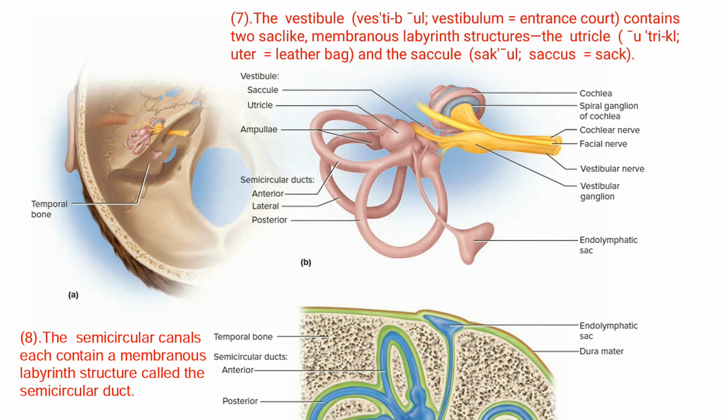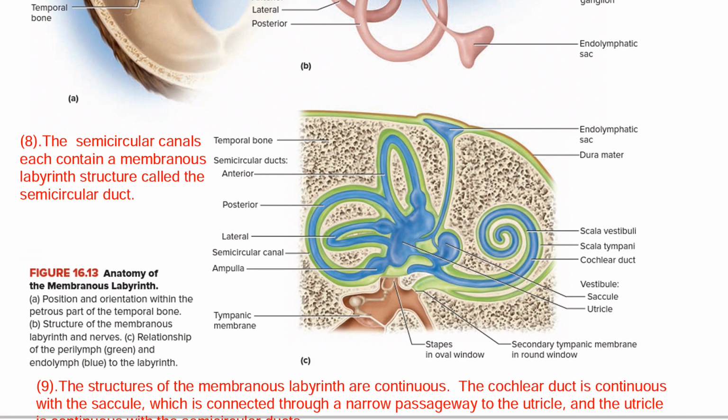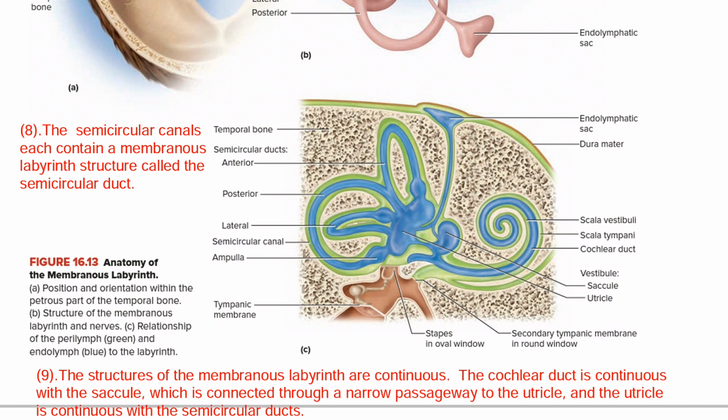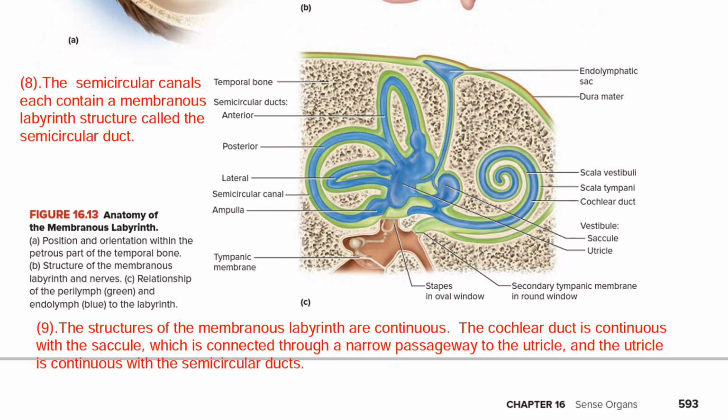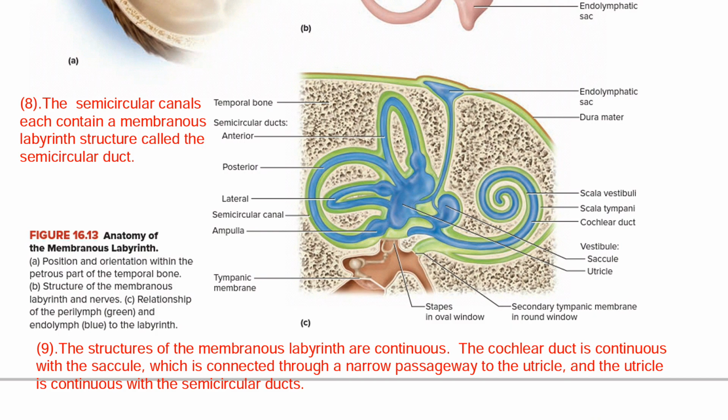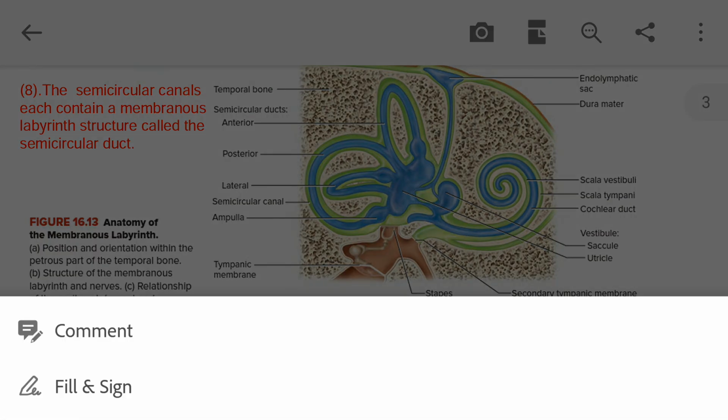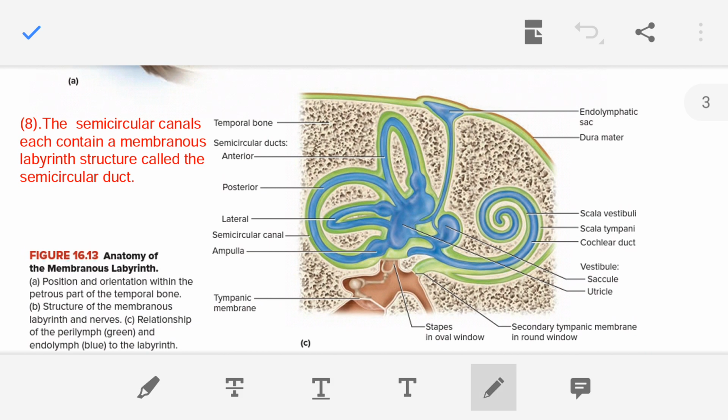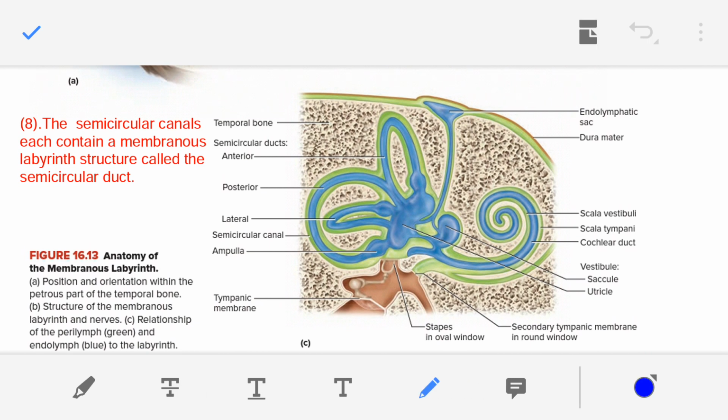Now the semicircular canals. For example, this is the anterior canal. This one is the posterior, and this one is the lateral semicircular canal.